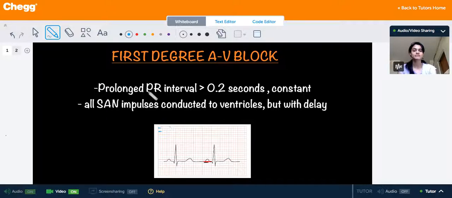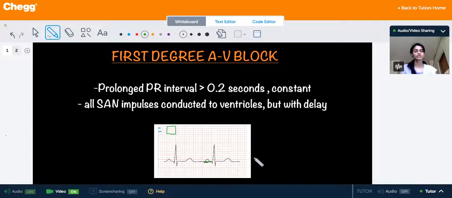The bigger squares, the one that I'm coloring now in green, have 5 small squares in them, so the duration of one big square is 0.2 seconds. As you can see here, the PR interval is less than the width of one of these squares, which means a normal PR interval is less than 0.2 seconds.